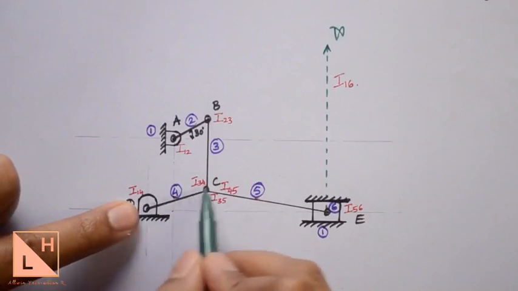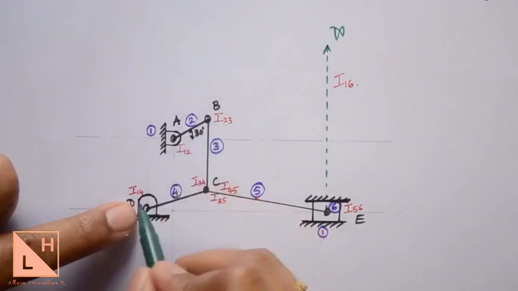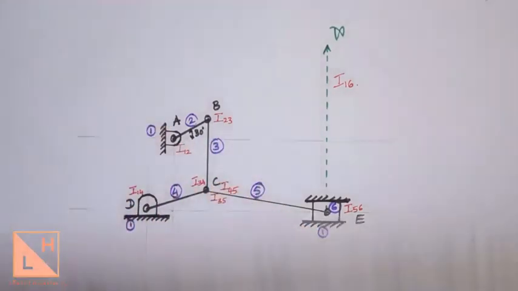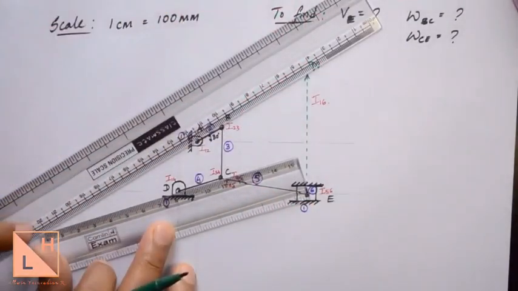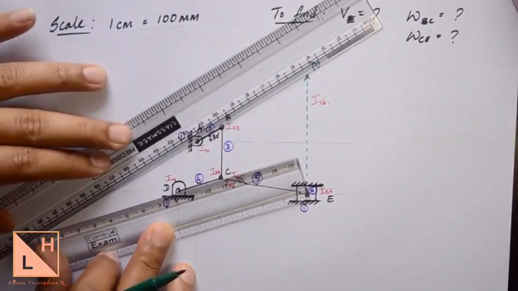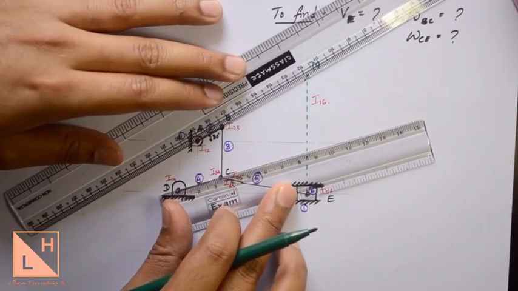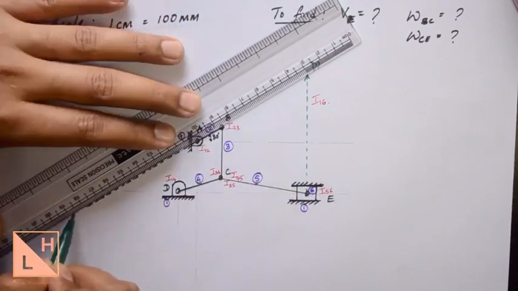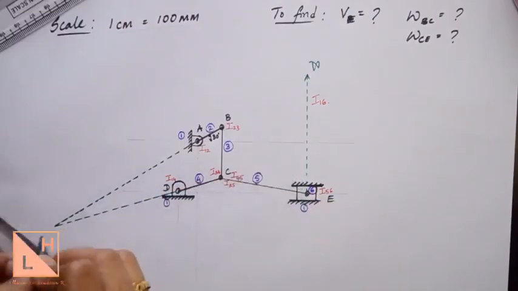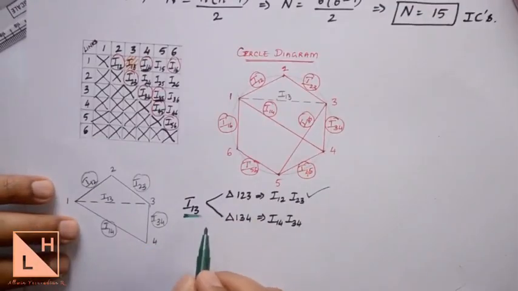So join these two points and extend it till it connects with the line through I12 and I23, because that is what we have found here, right? When we extend these two lines in the downward direction, it is going to connect somewhere here. But if you extend it in the upward direction, it will never get connected and you will never be able to find the IC. So make sure that you are joining it in the left direction. This point of intersection we find here will be the IC we tried to find, that is I13.